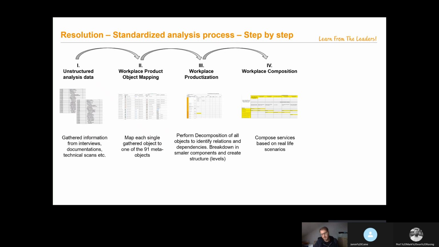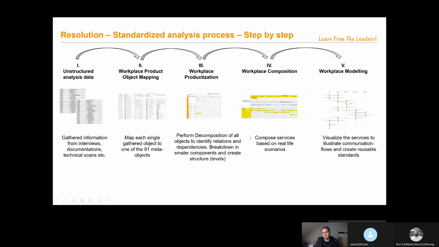In this case, we will compose in this part, in my example, the software request scenario. And afterwards, at the last step, you do the modeling: you visualize the services, illustrate communication flows and create reusable standards. That's one of the major points here.